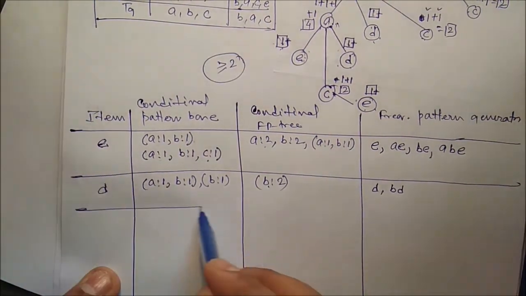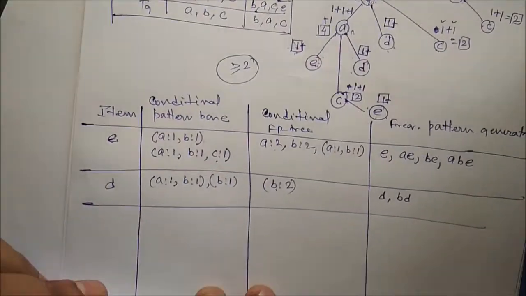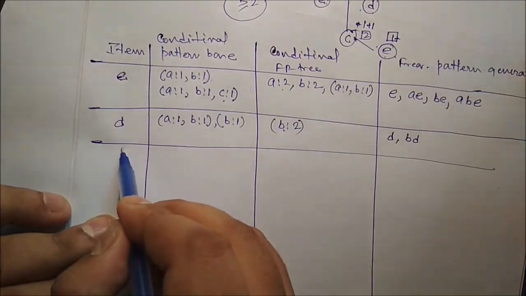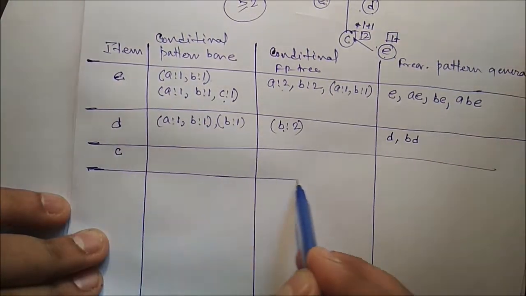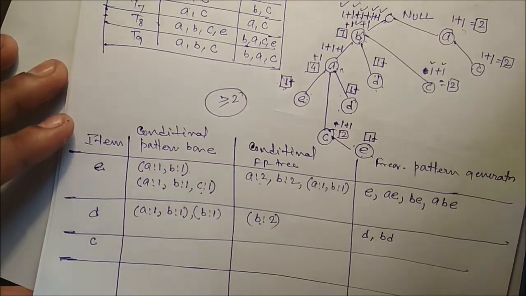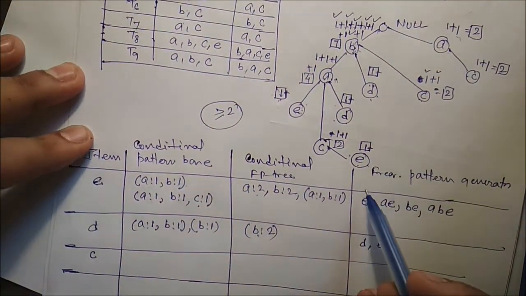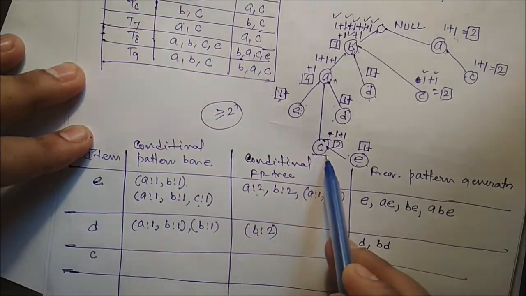After that, the next element is C. For C you have to perform the same procedure. Once again, you just see where C is. C is there, once again C is there.